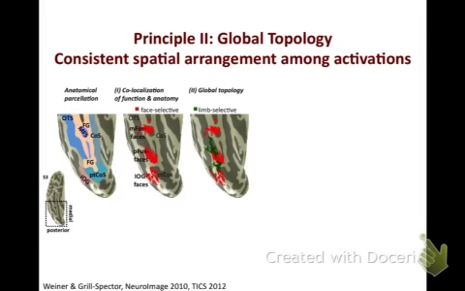The second principle is a principle of a global topology. What that means is that there's a consistent spatial arrangement between different functional regions. So I'm adding to the functional maps of face selectivity, again shown here in red.